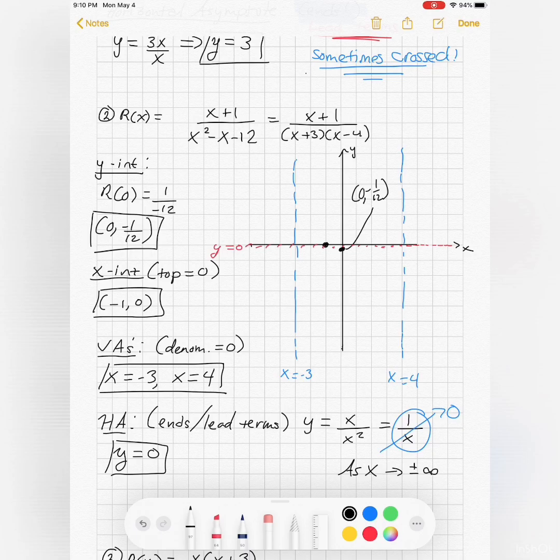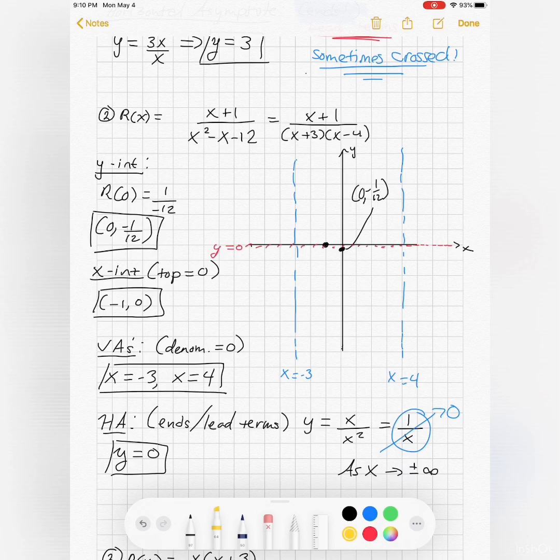So look at this. Here's something kind of interesting. The horizontal asymptote is y equals 0. So here's an example where the graph actually crosses its horizontal asymptote, crosses at that x-intercept of -1. Okay, so what can I do next? Let's see, how many regions does my graph have?